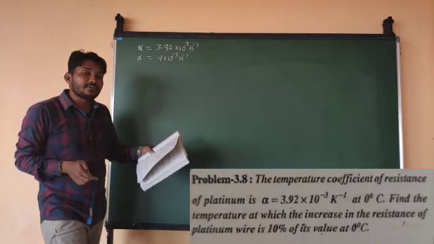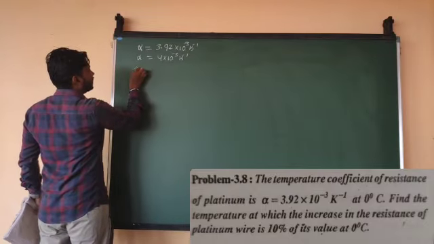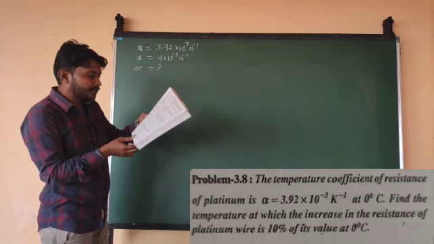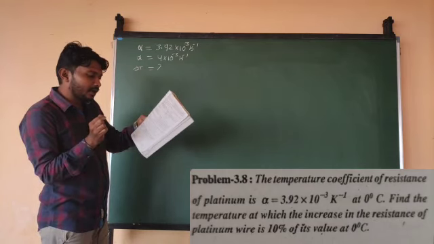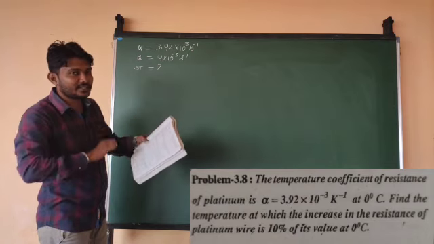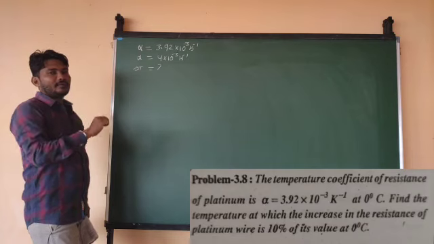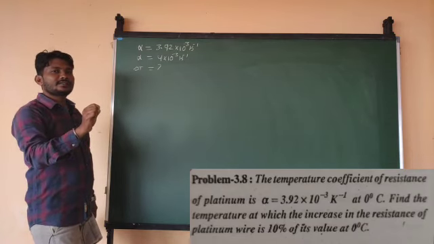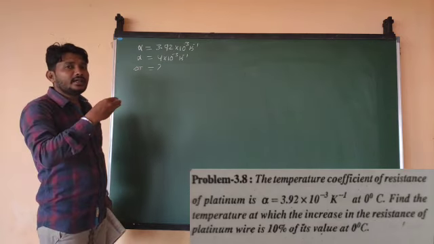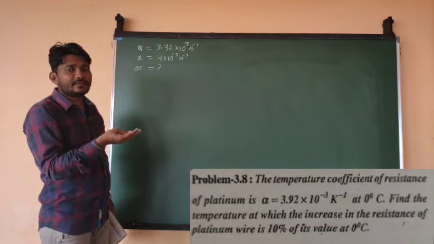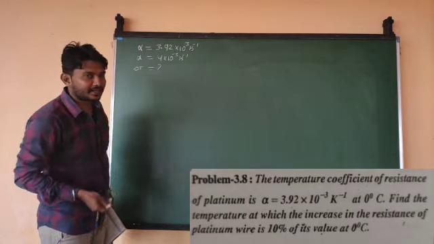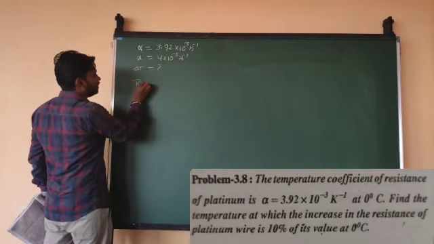Let me read out the question: find the temperature at which the increase in resistance of the platinum wire is 10 percent of its value at 0 degrees Celsius. For example, I have one platinum wire, and at 0 degrees Celsius its resistance will be 100 percent. Then I am increasing it by 10 percent, so first I will find the R2 value.